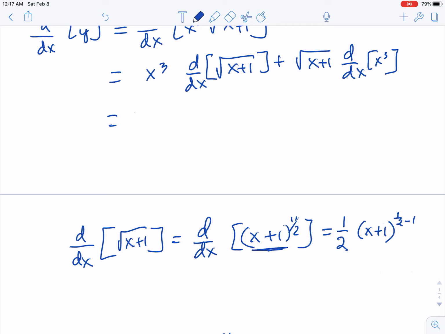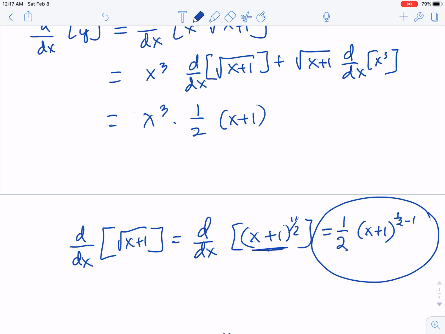Okay? So, ito na yung derivative nung part na to, pwede ko na siyang palitan. X cubed times 1/2 times x plus 1. Ano ang 1/2 minus 1? Negative 1/2 na siya. Plus, square root of x plus 1.